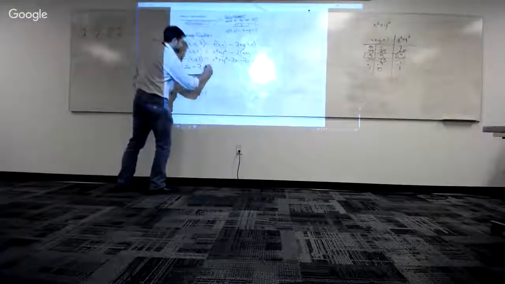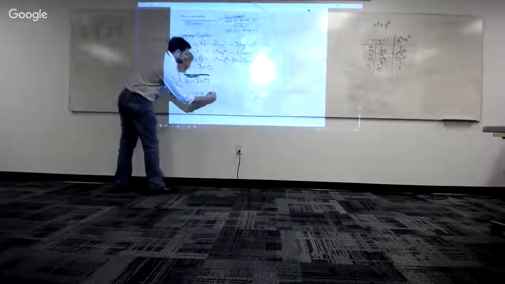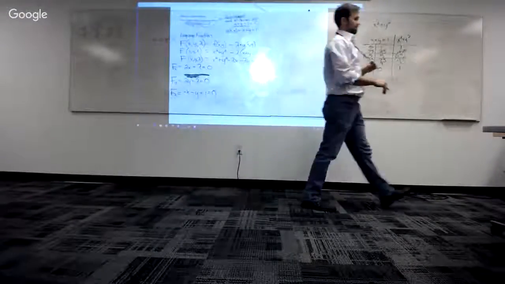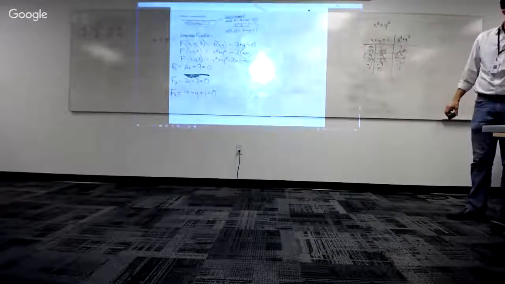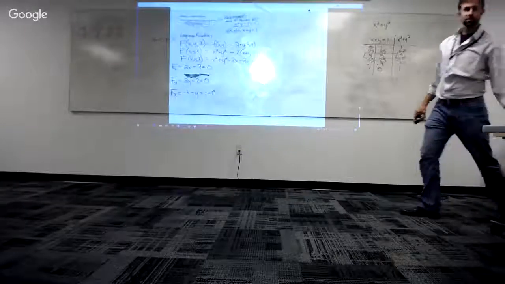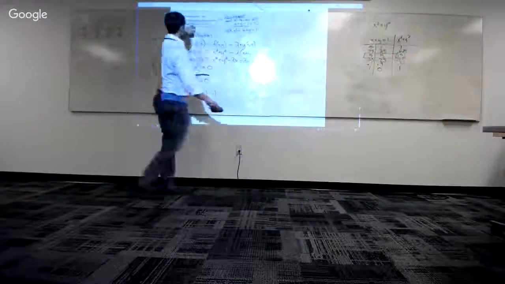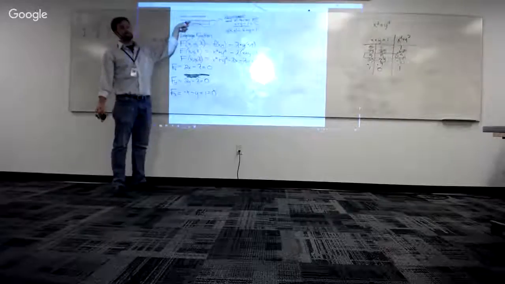Okay, so now what do we do? We set each of these equal to 0, and we're going to solve for x and y. Because remember, what are we trying to do? We're trying to solve for the value of x and y that adds up to 0 and has the smallest possible value.